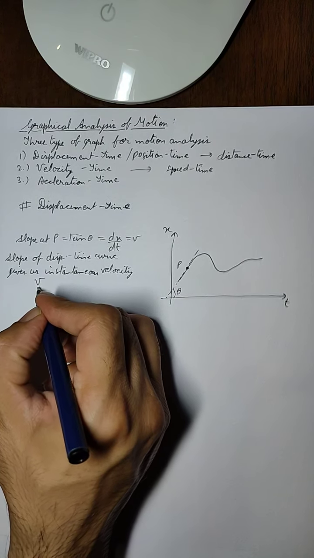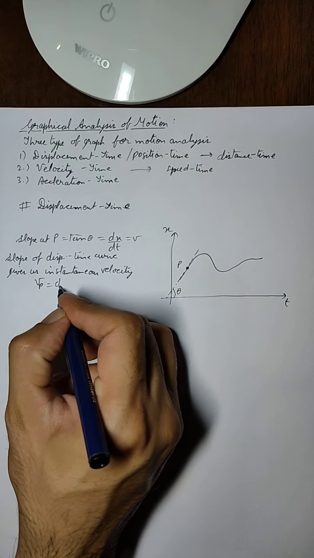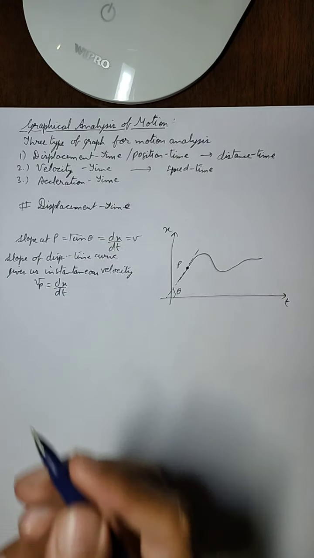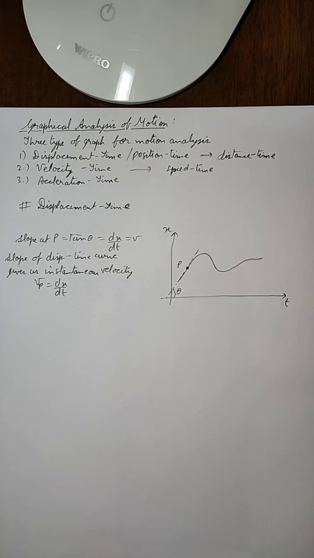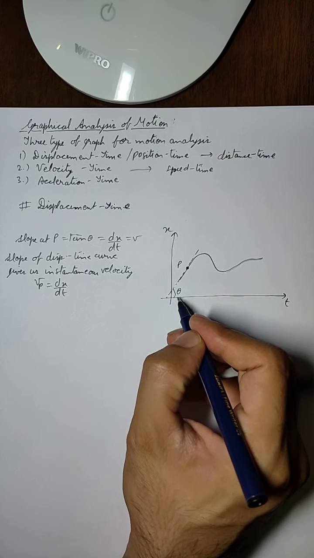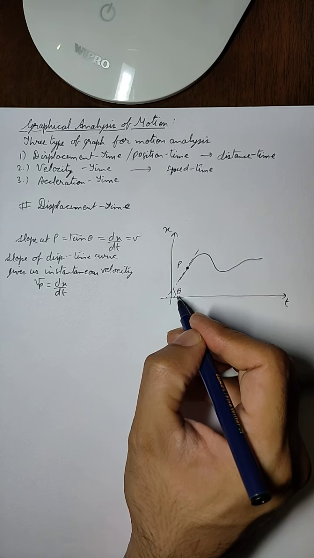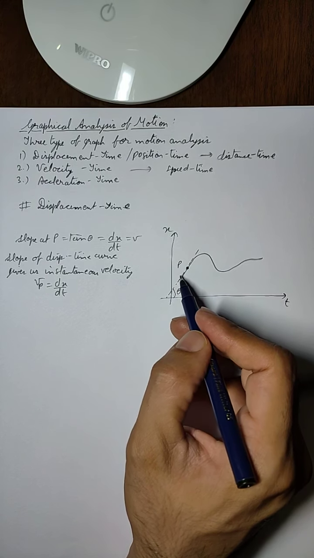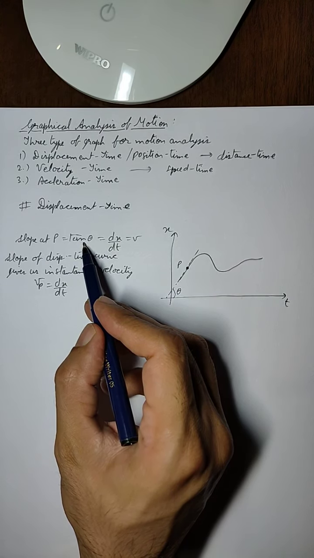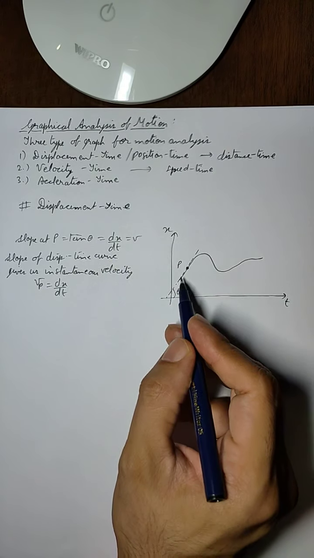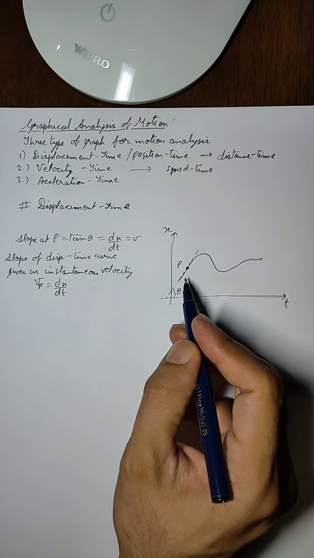So velocity at P will be equal to dx by dt, or it will be equal to tan theta. As we can see, this theta is an acute angle, so that is why the slope is positive. The tan of an acute angle is always positive. So for point P, the slope will be positive.